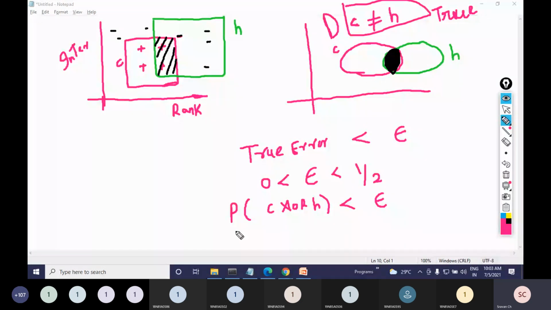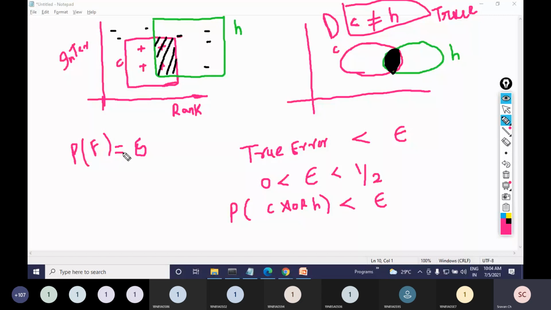is one more important quantity which is called delta, right? So the number of errors or the failure rate of a hypothesis can be represented with delta. The probability of failure must be equal to delta.